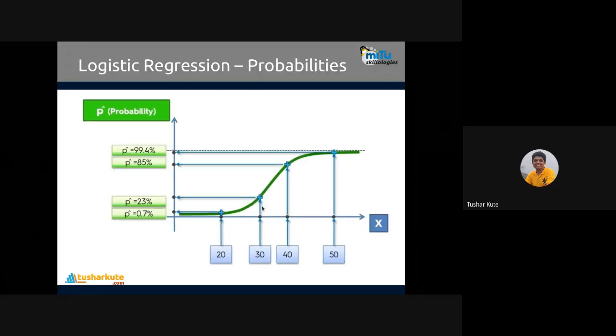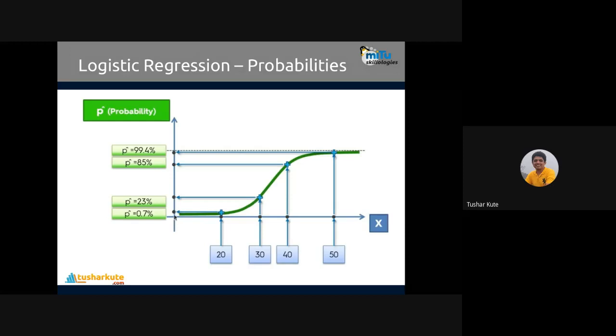To do this, we'll predict these values on this logistic curve. 20 is predicted on this curve, then 30, 40, 50. When you predict on it, it will generate the probabilities. Probabilities are the output from here.